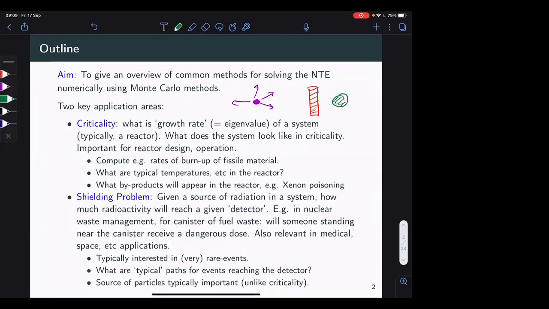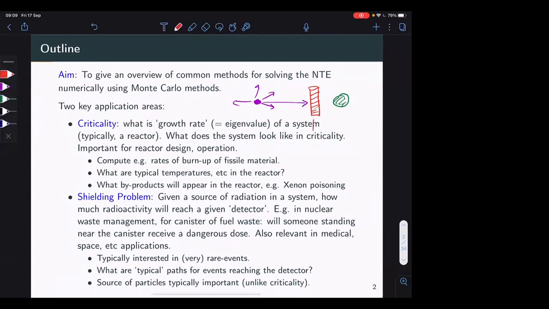I want to know, how easy is it for the radioactivity to reach them? It may get stopped by the wall, but maybe there's a little gap here, and something could hit here, scatter, and do something like that. But if the gap is small, there's not much space for that to happen, so I have to find a very specific path. Some of these problems can involve quite complex routes.